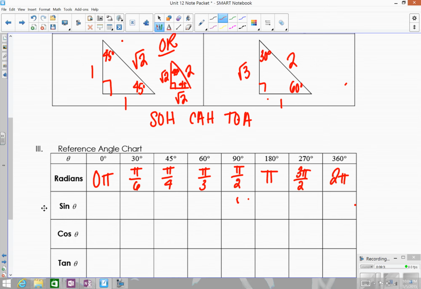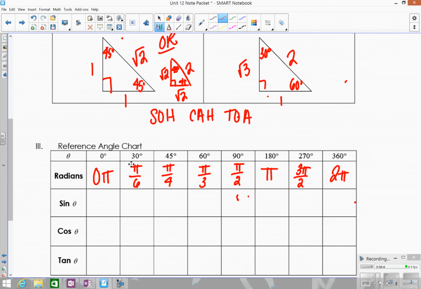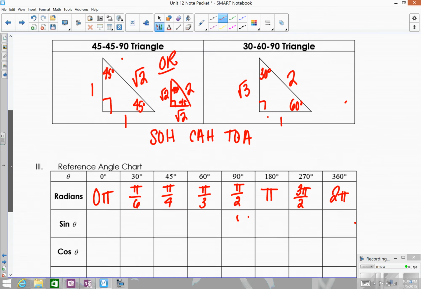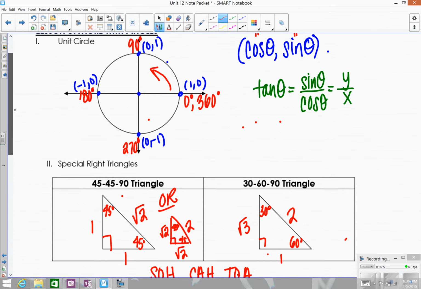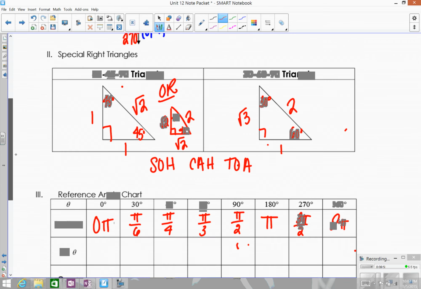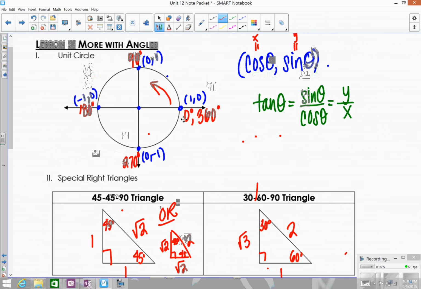So let's go back to looking at finding these exact angle measurements. So if I'm talking about sine, cosine, and tangent, I want to be able to fill in whatever I can. So like 0, 90, 180, 270, and 360, those are going to come from our unit circle. So if you look up at the unit circle, if I'm filling in sine of 0 is going to be 0 because I'm looking at the y values.